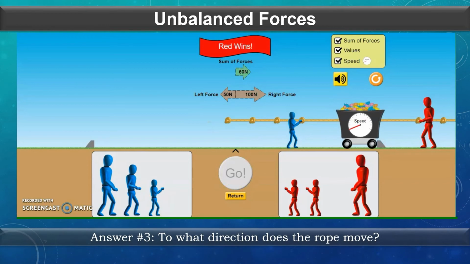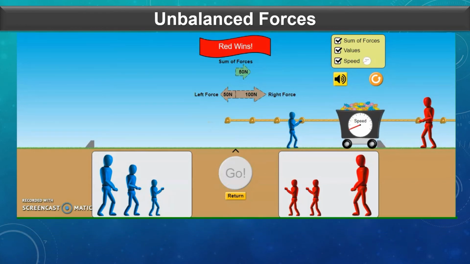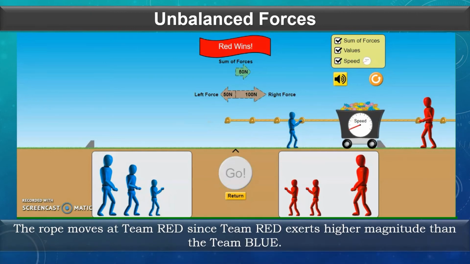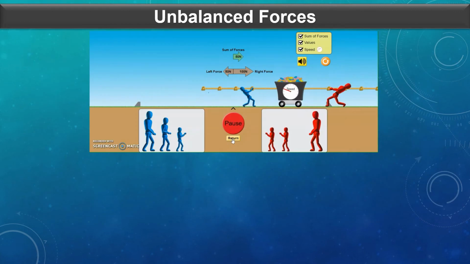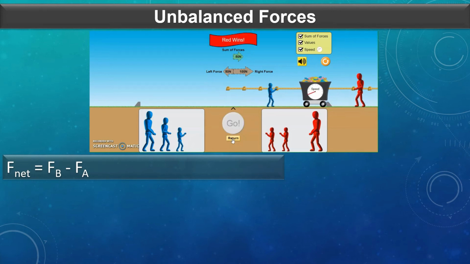Question number 3. To what direction does the rope move? Answer: the rope moves toward Team Red, since Team Red exerts higher magnitude than Team Blue. In order to know the net force acting on the two teams, Team A and Team B, let us use this formula.